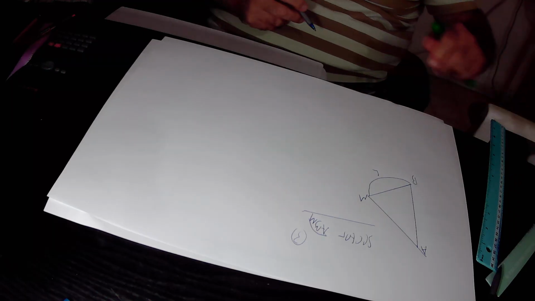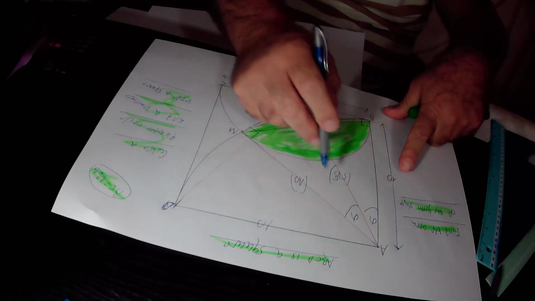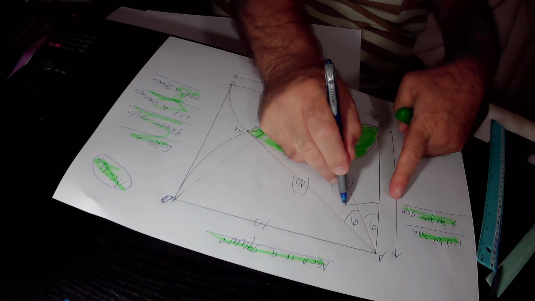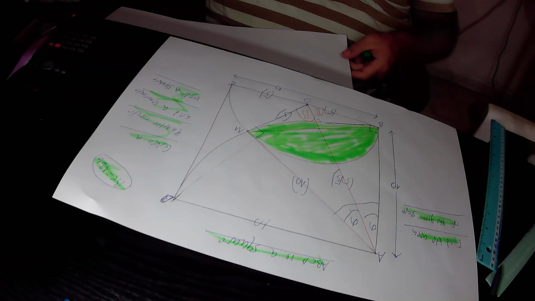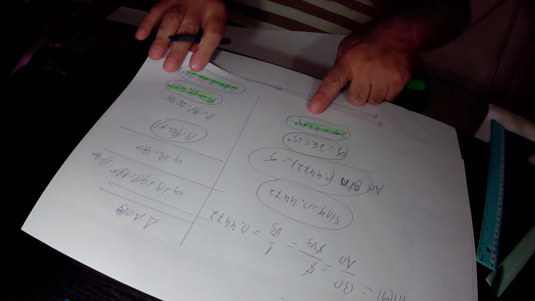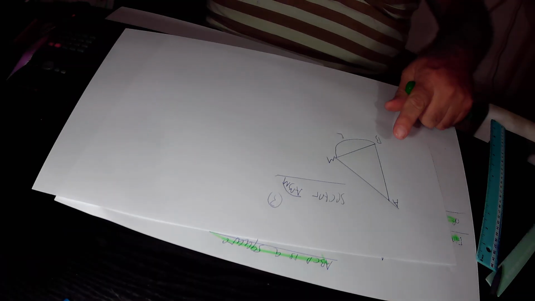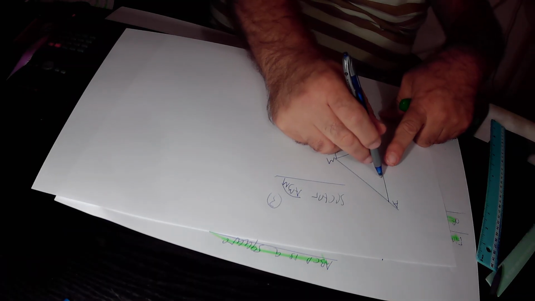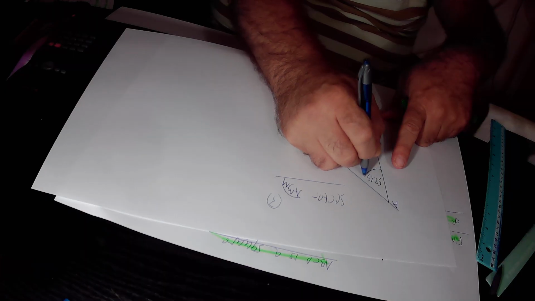We know that the big angle is alpha plus alpha, that is 2 alpha, and we already found that 2 alpha equals 53.13 degrees in its size.